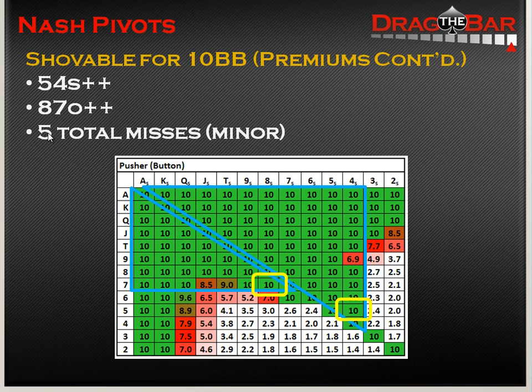In total, if you use these 2 pivot points, there are 5 total misses, which is pretty minor. Say you shove 10-7 offsuit for 10 blinds, but you really only should shove it for 9. You're not making a huge equity error there. And again, Jack 7 offsuit, which seems like it should be a better hand, you can only shove for 8.5. Shoving that for 10 also isn't a big error.